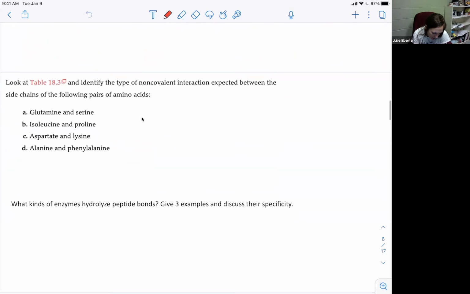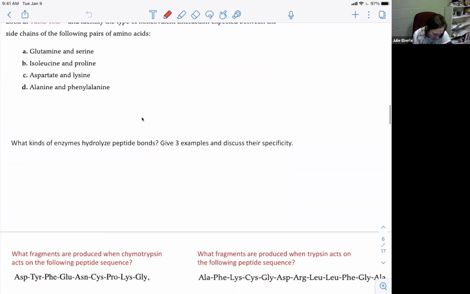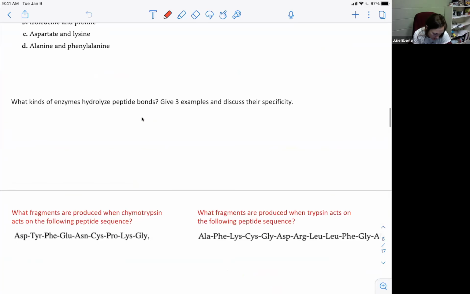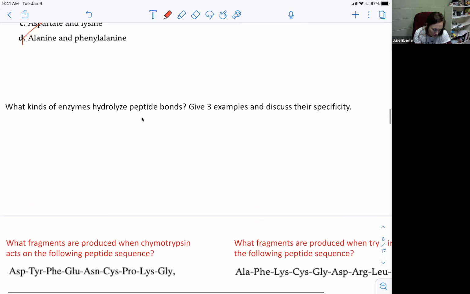I might jump over these. Well, real quick, we're almost done. Let's skip over this problem right here. Let's do this one. What kind of enzymes hydrolyze peptide bonds? What do we call enzymes that hydrolyze peptide bonds?